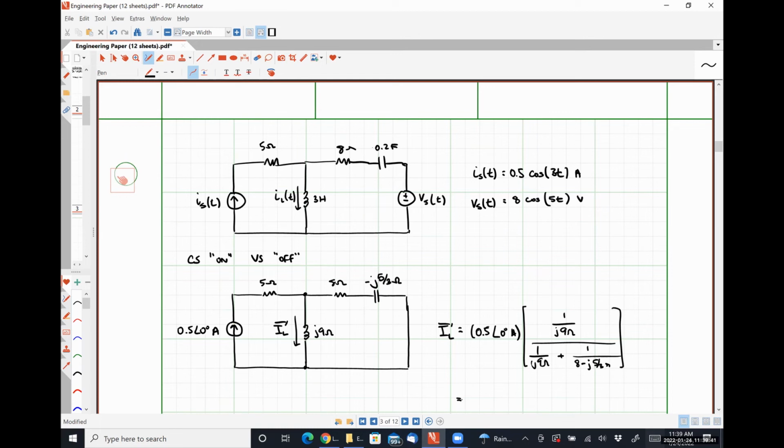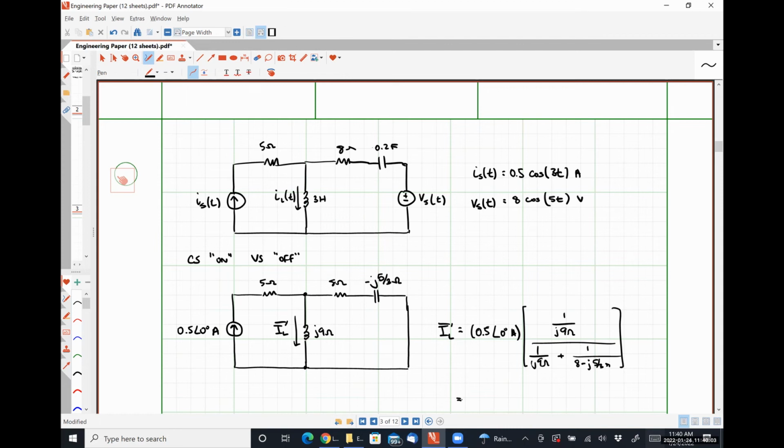So the 5 ohm resistor shouldn't show up in my current division equation. No, it literally cannot show up in the equation at all.